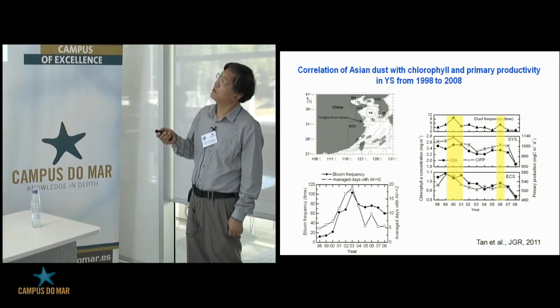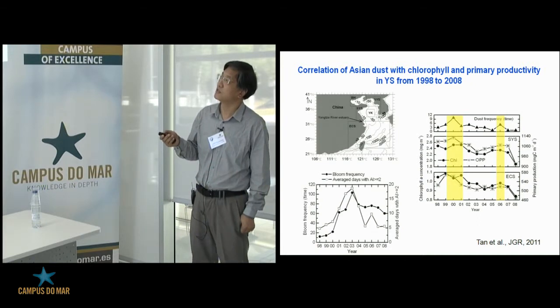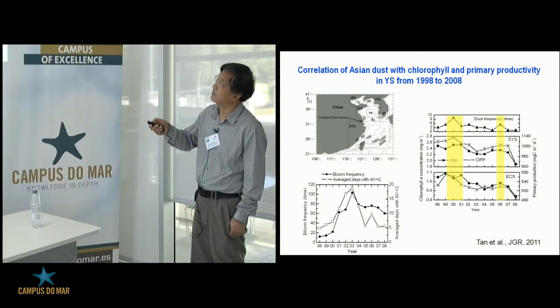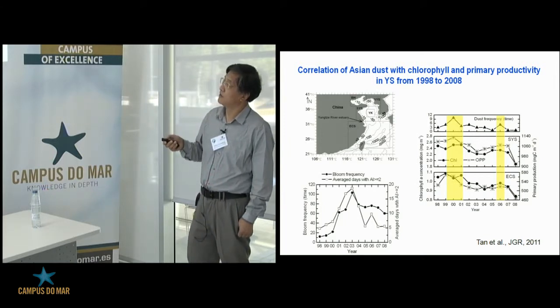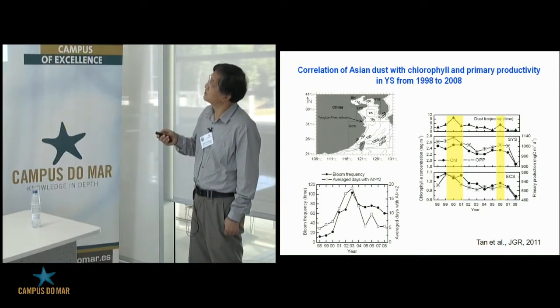Here we have also done some statistical studies. This is the correlation of Asian dust with the chlorophyll and the production in the Yellow Sea. Here, this Qingdao city is here. The Yellow Sea is just around this area. During this period of 10 years, this figure tells us the chlorophyll concentration.